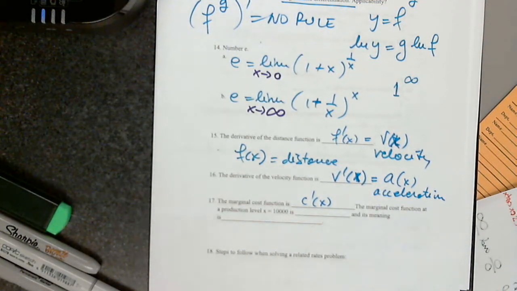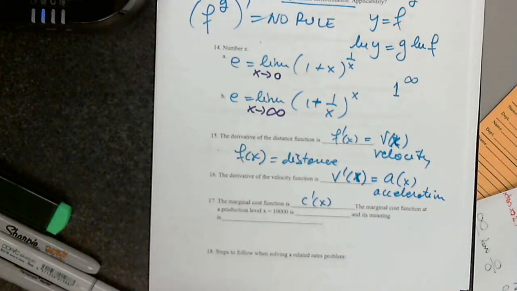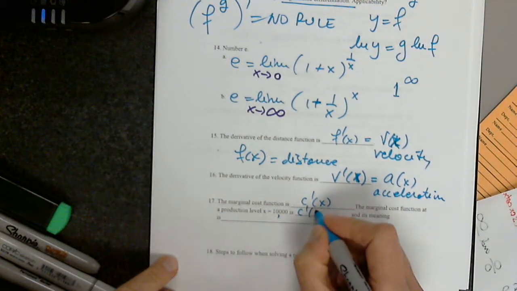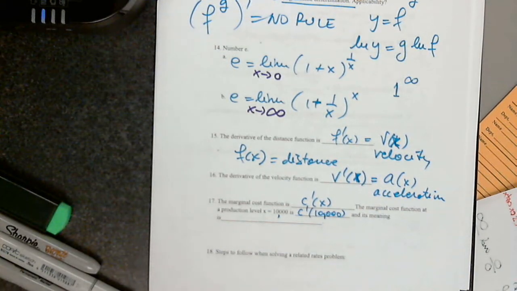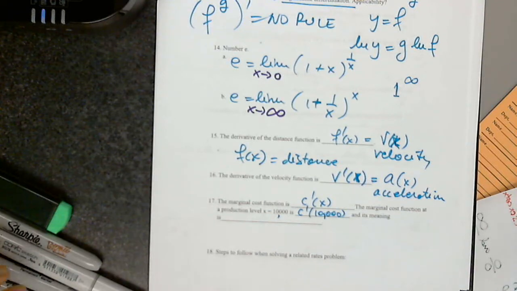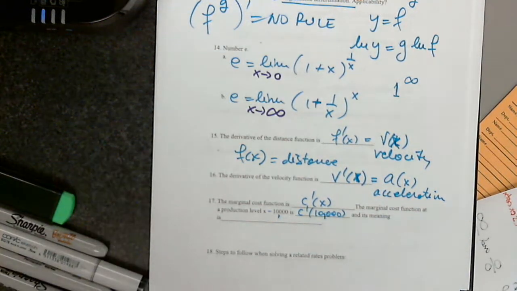Perfect. The marginal cost function is, well, obviously c prime of x. The marginal cost function at a production level of, I just put in a number there, 10,000, is what? C prime of 10,000, of course. And its meaning is, very important, what is the meaning of C prime of 10,000? It predicts the cost of 10,001. So it is the rate of change of cost with respect to item at the production level of 10,000.